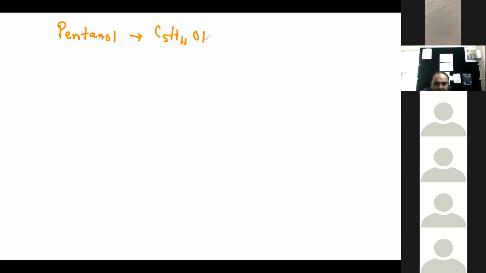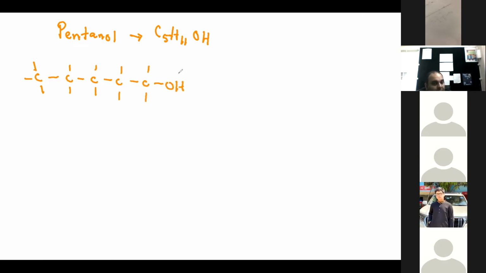So next is pentanol. C5H11OH. So obviously the first one would be CH3, CH2, CH2, CH2, CH2, OH. What will be the name of this compound? Pentan-1-ol.